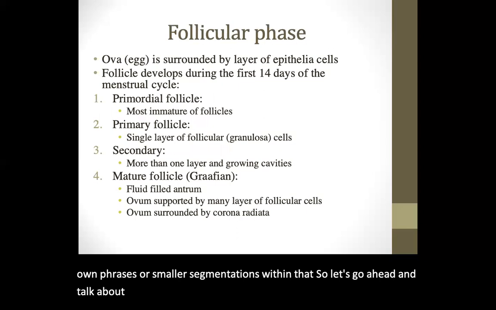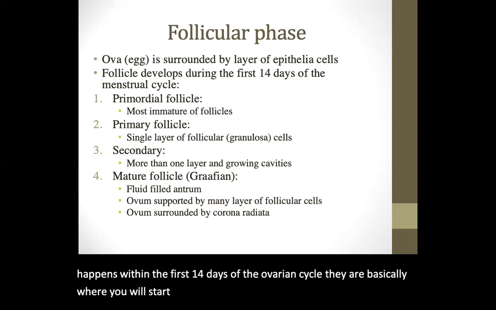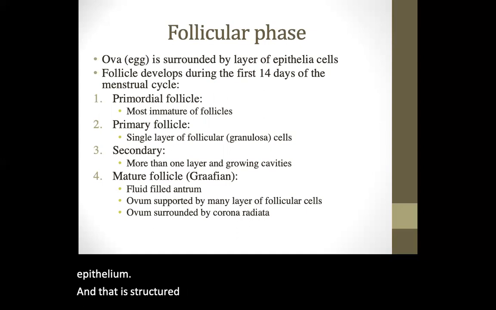So when we talk about the follicular phase, it typically happens within the first 14 days of the ovarian cycle. You basically start with an ova or an egg surrounded with layers of epithelium, and that structure is referred to as a follicle.